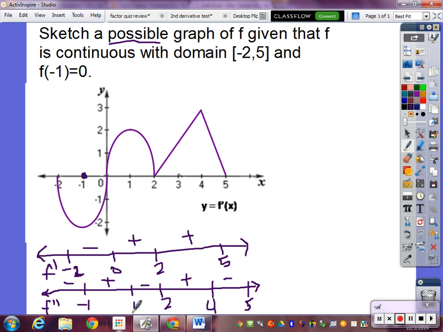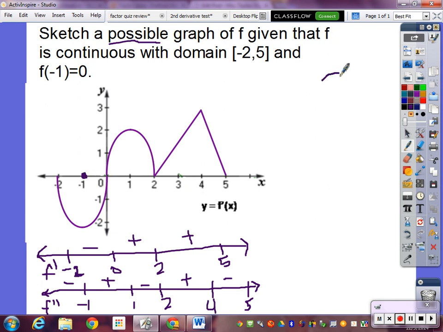The way I'm going to use these sign charts is I'm going to look at my concavity and my intervals of increase and decrease together. So from -2 to 0, my line has to be decreasing. But I have to change from concave down to concave up at -1, right here.